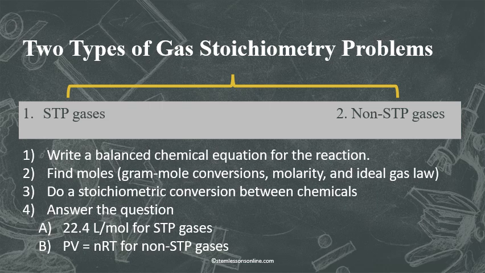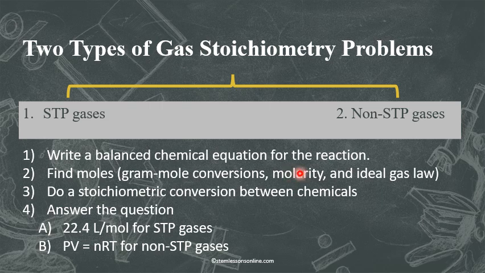Second step, find moles, that is convert if it is grams, gram to mole conversion. It can be from molarity and using the ideal gas law. So there are different ways you can calculate the moles. If grams is given, gram to mole conversion. If molarity is given, molarity equals number of moles over volume in liters.